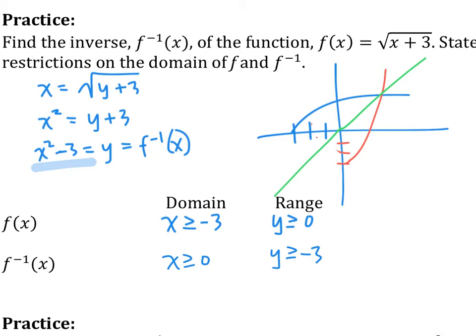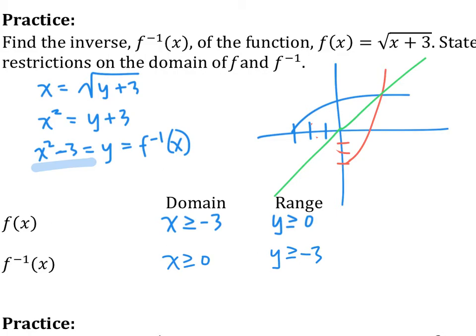So you cannot magically have more numbers than you started with as a result of finding an inverse function. Therefore, the domain is only half of the parabola. So you've got to be careful. And you can see why I was saying that to find the domain and range of the inverse function, you should just switch like this, because it will always work.